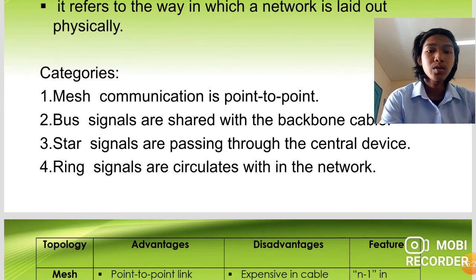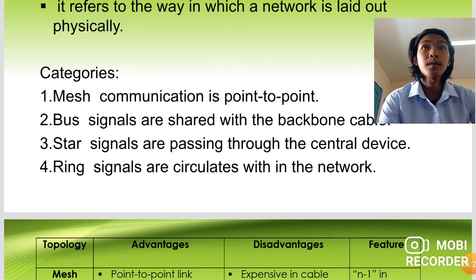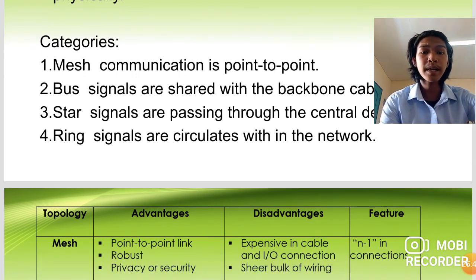Star. Signals pass through the central device. Yung star naman is a topology for a local area network, LAN, in which all nodes are individually connected to a central connection point like a hub or a switch. Ring.